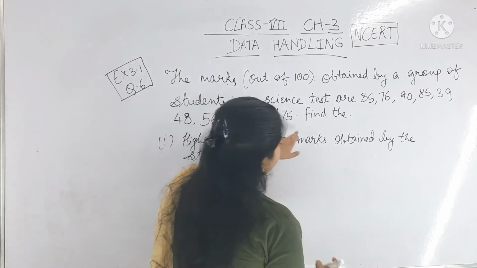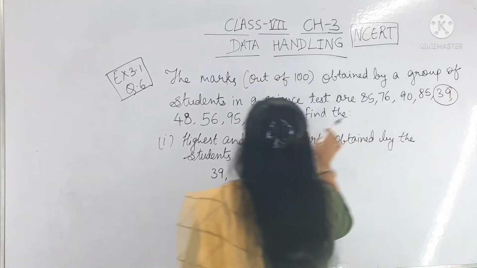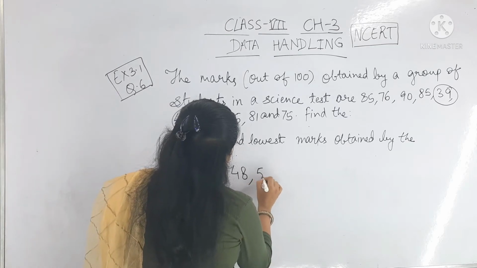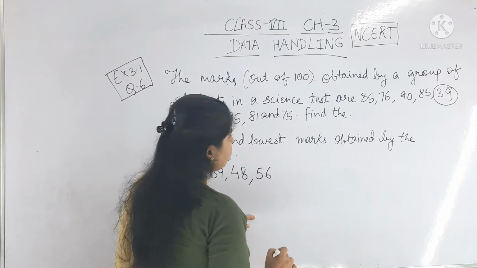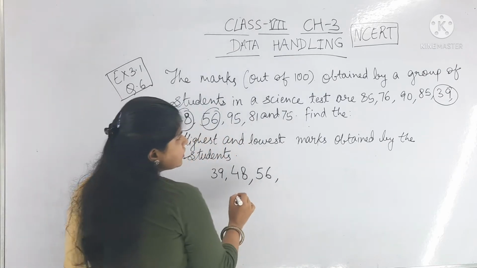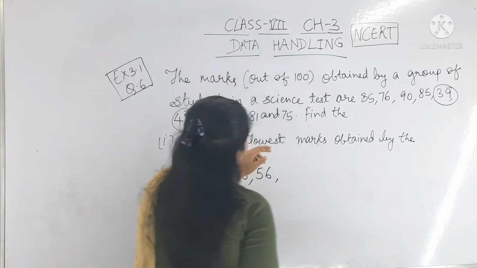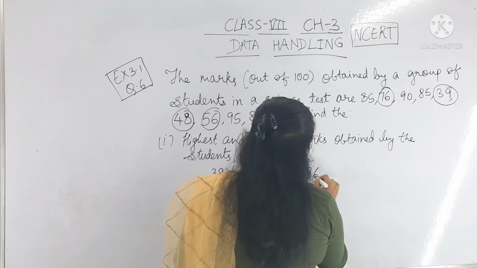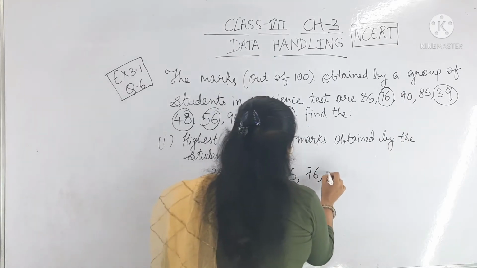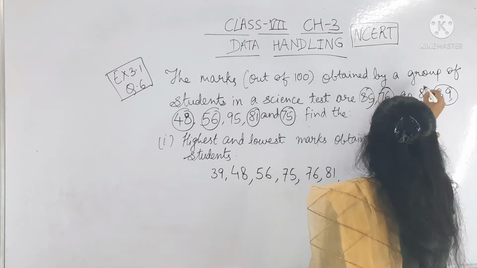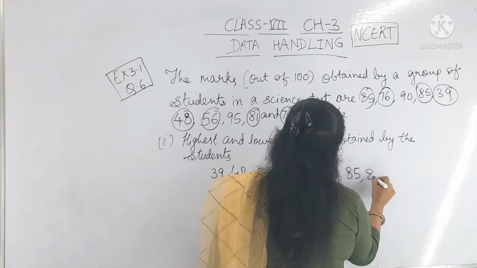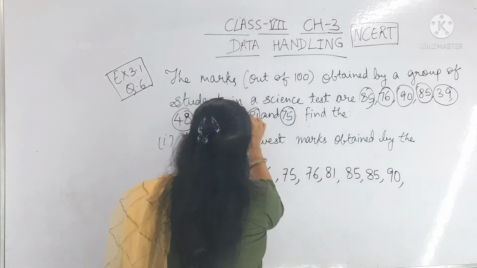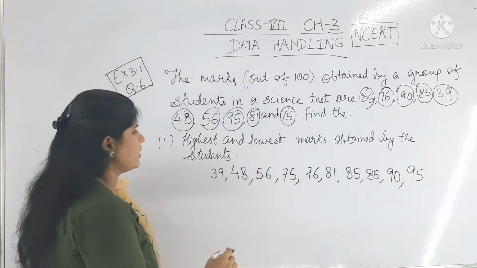Then 48, then 56, then 75, then 76, then 81, then 85, two times here, so you have to write it two times, then 90, then the last one is 95. So I have arranged them in ascending order.